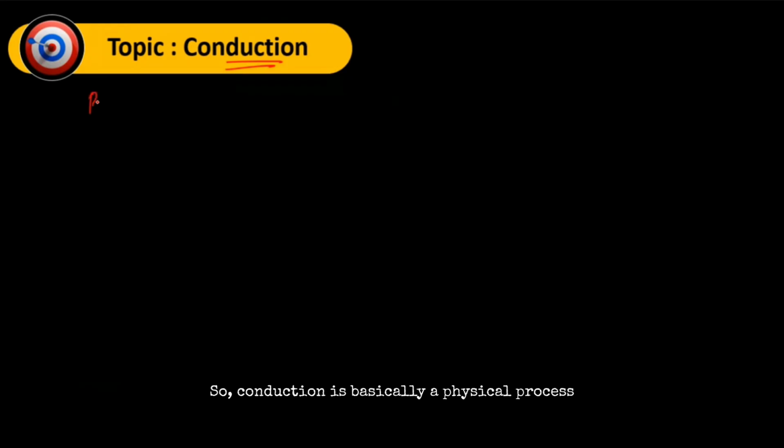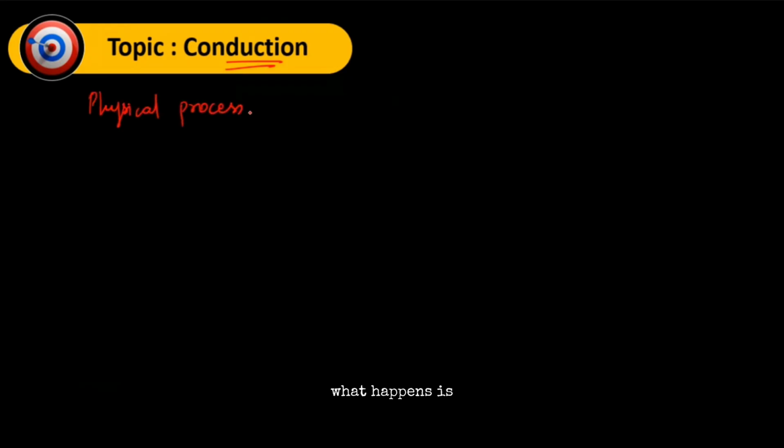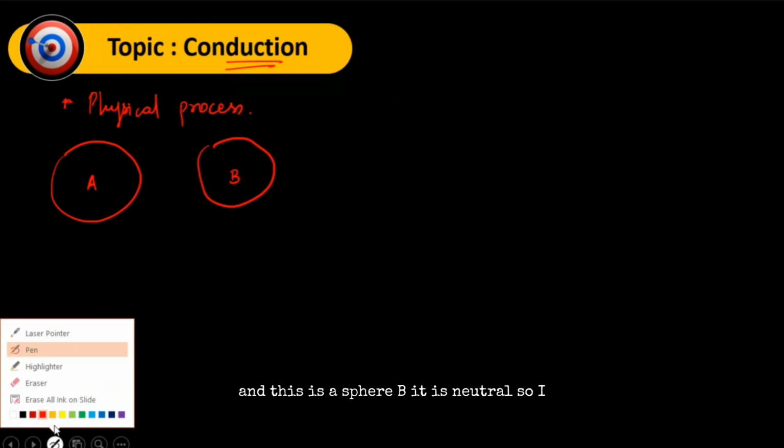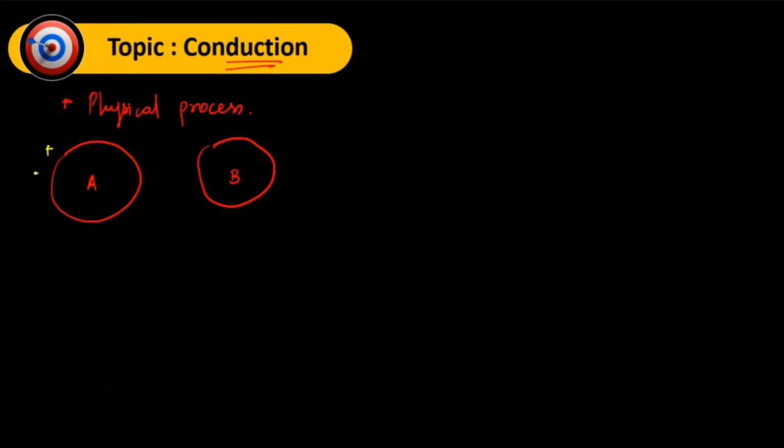So conduction is basically a physical process. In this process, what happens is, when we bring a charged body in contact with another uncharged body, for example, suppose there is a sphere A, it is positively charged, and this is a sphere B, it is neutral. So I can say this was positively charged, and it has some positive charge on its surface, whereas this is neutral.